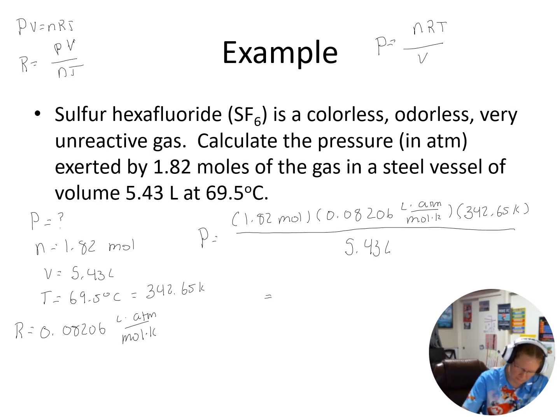And we do that, we're going to get 9.42. Okay, so our liters cancel, our Kelvin cancels, our moles cancel. We wanted pressure, and we're left with pressure in terms of atmospheres. Okay, so there's our pressure.